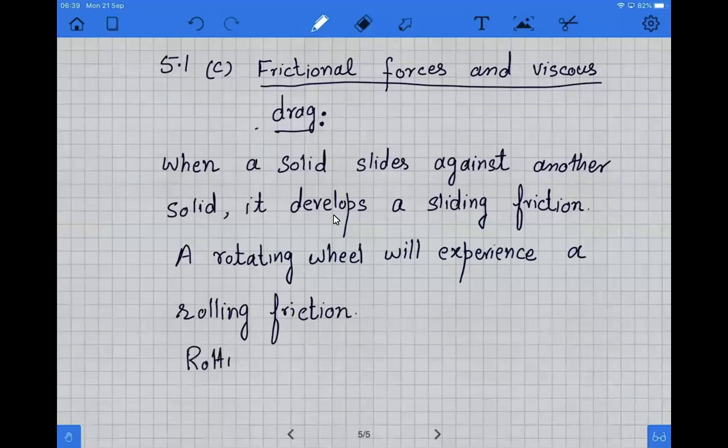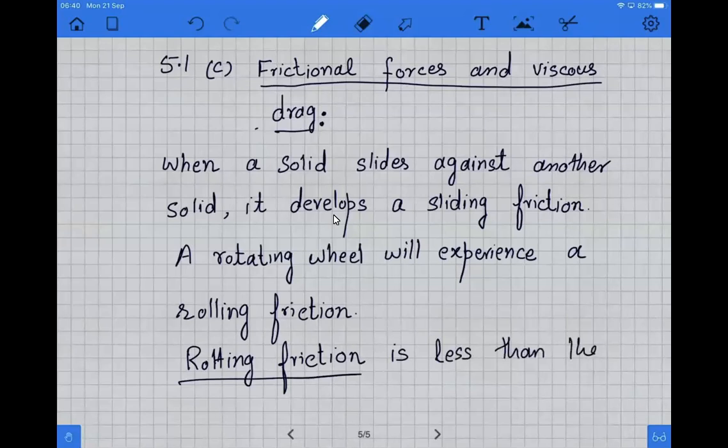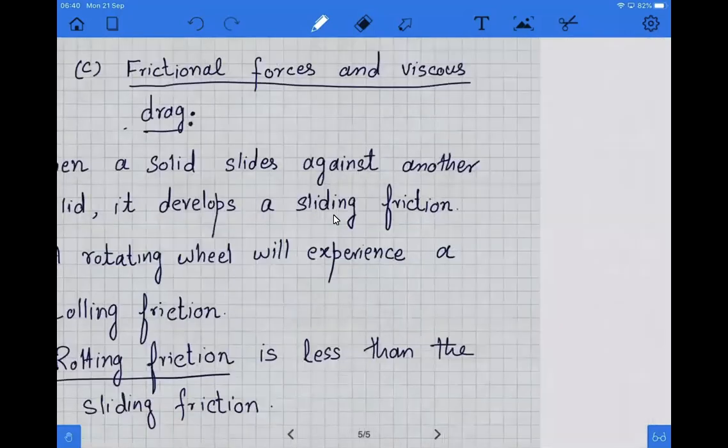Rolling friction, if other conditions are controlled, is less than the sliding friction. Now here the important thing is on what factors the rolling friction and the sliding friction depend.